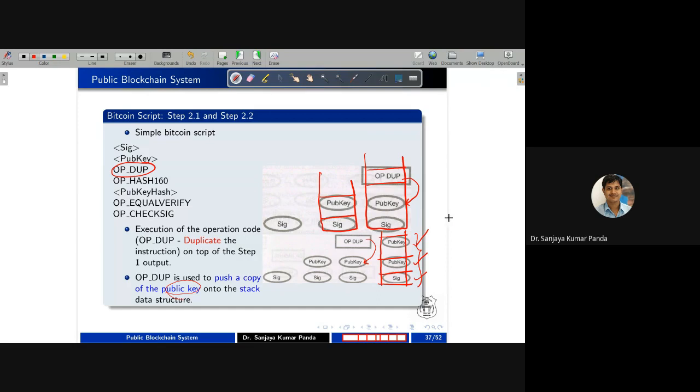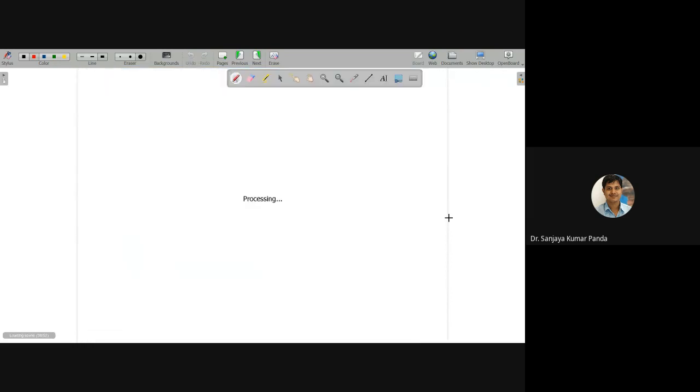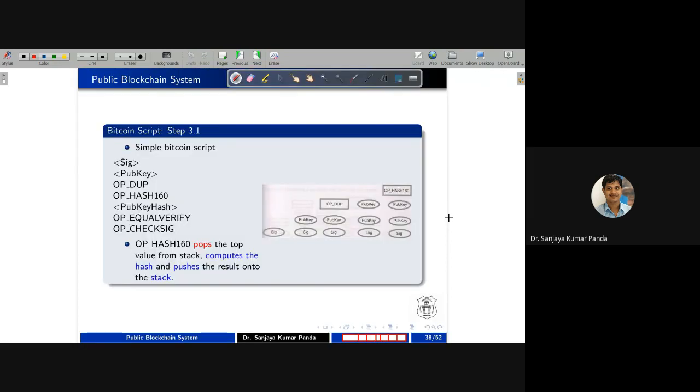Okay, the next one is called OP underscore HASH160, right? Now your stack contains signature, public key, and another public key. On top of this public key, you have OP_HASH160. The purpose of OP_HASH160 is to pop the top value of the stack. What is the top value of the stack? The top value of the stack is nothing but your public key.